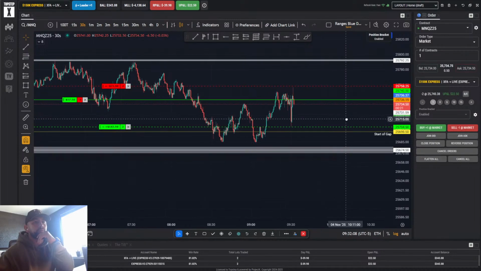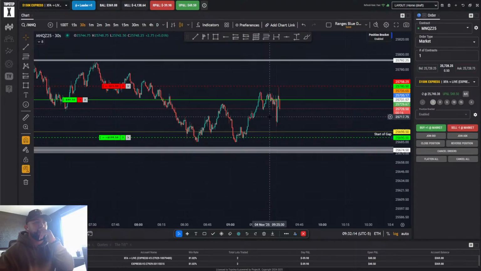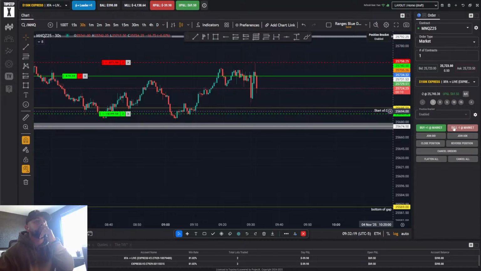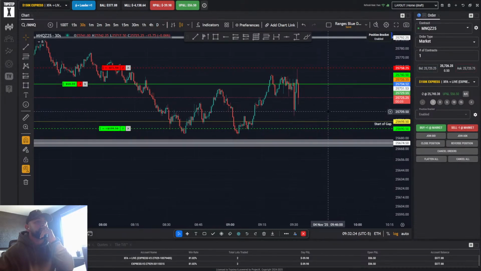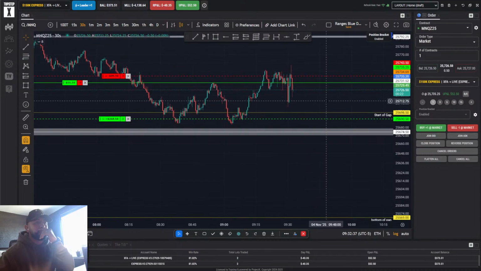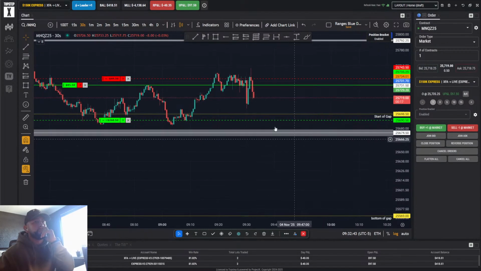Pick 2 micros. Really want to see the lows get taken here. Order filled. Probably go break even here.